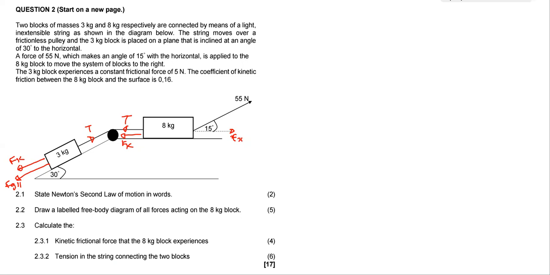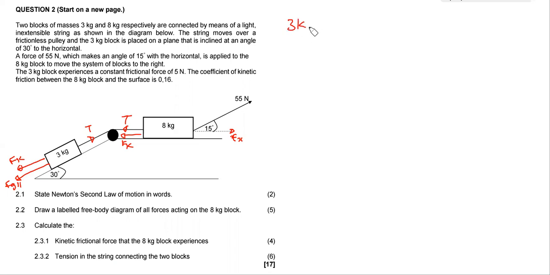Whenever you are asked for the tension or acceleration, just know that in most cases you're going to come up with a simultaneous equation. Why am I saying that? Because here we've got tension, and we can't just use one diagram to find our tension, because they are moving together. Now let's look at the 3 kg block.